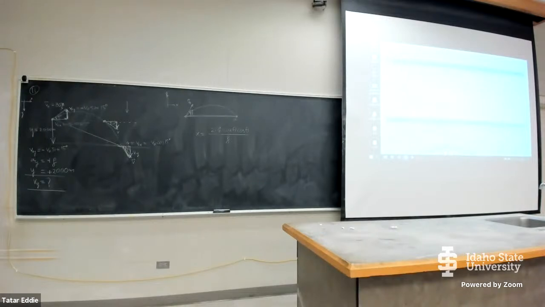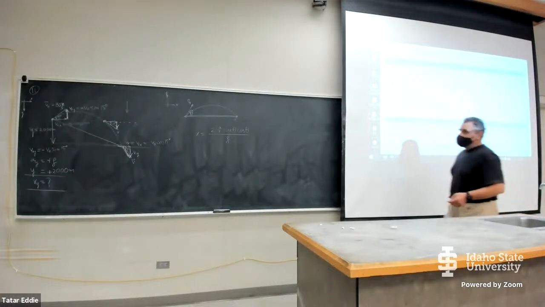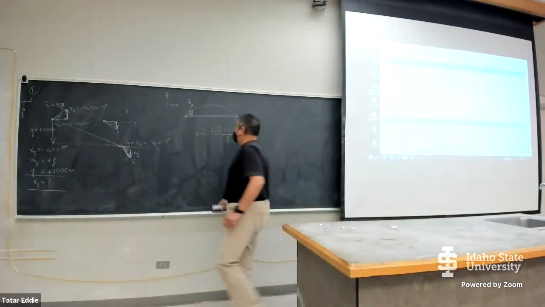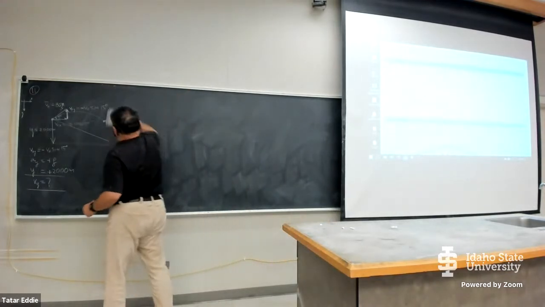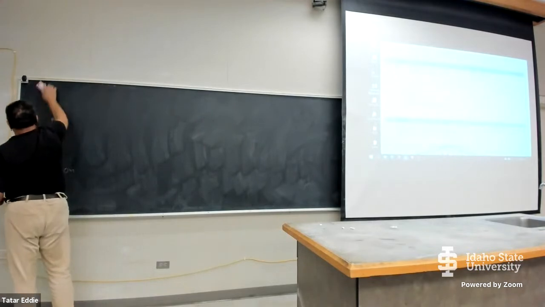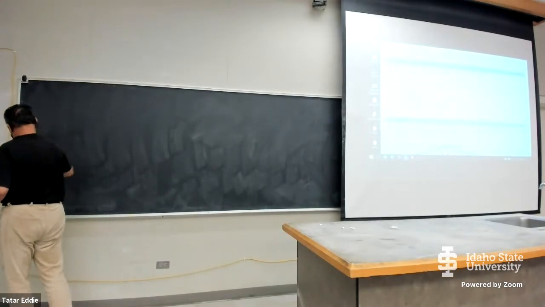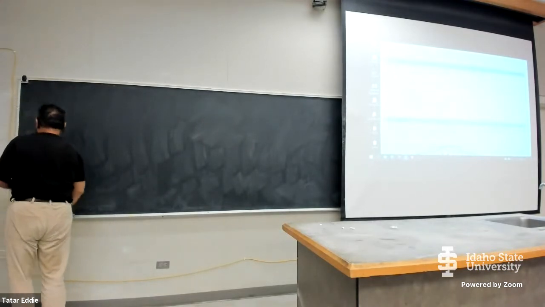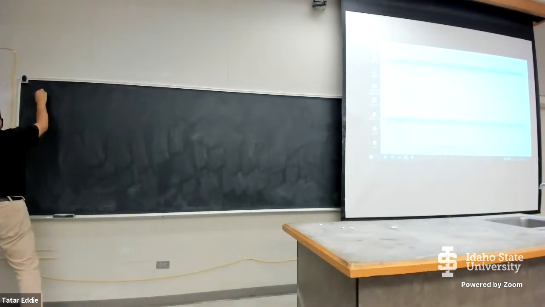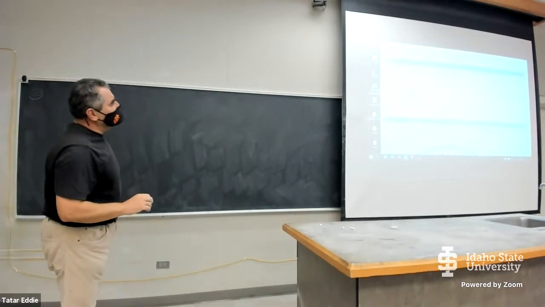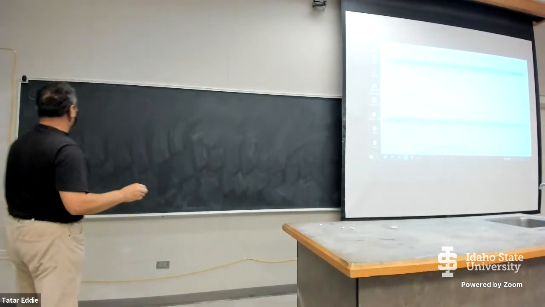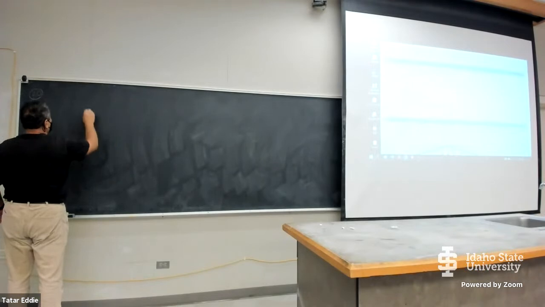Okay, let's do problem number 20 from homework 4. So I think that I started working on this problem in class in one of the sections, but okay, let's look at it this way.